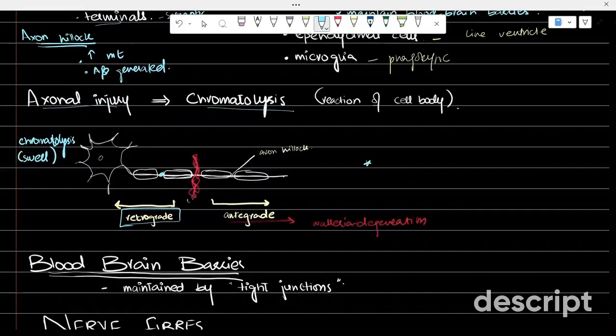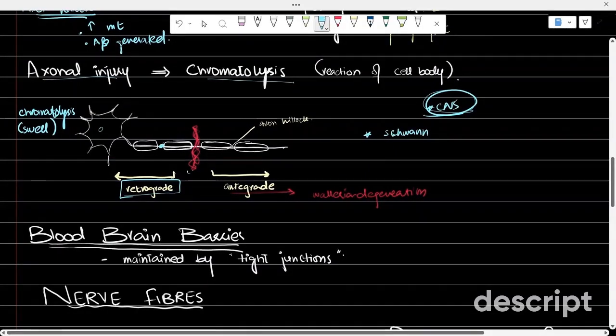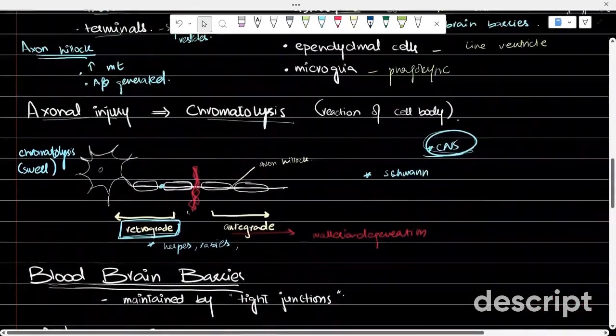Please note that the only axons or nerves which can regenerate are the ones which are myelinated by Schwann cells. So basically, the CNS nerves cannot be regenerated. Now, an important point regarding retrograde transport is that many diseases such as herpes and rabies, or exogenous substances, travel through the axon to the cell body through these transport mechanisms, thus causing diseases.